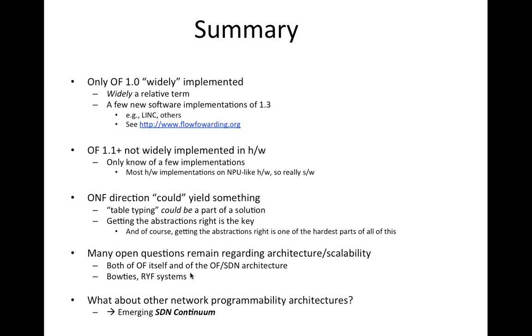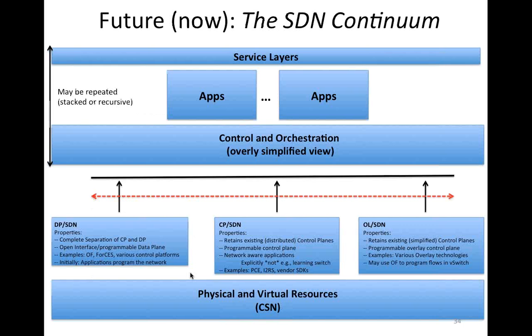So there's other things going on too, like what I'm calling the SDN continuum. I'll end with this, but look at this. This is the future, which is now. So forget about all this stuff above the red line. There are controllers, orchestrators, applications, service layers, all kinds of interesting things going on down there. But at the SDN level below that, there are kind of three points in a continuum that you can pick out and try to analyze.